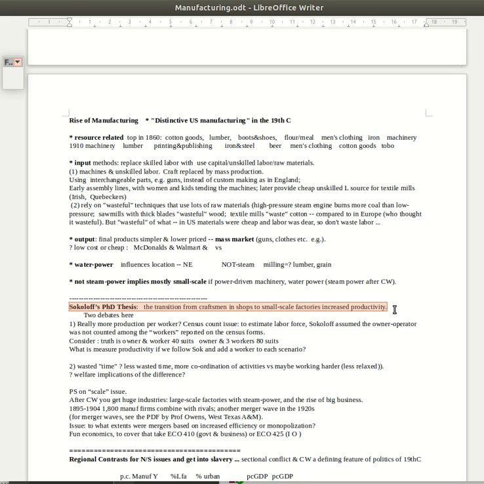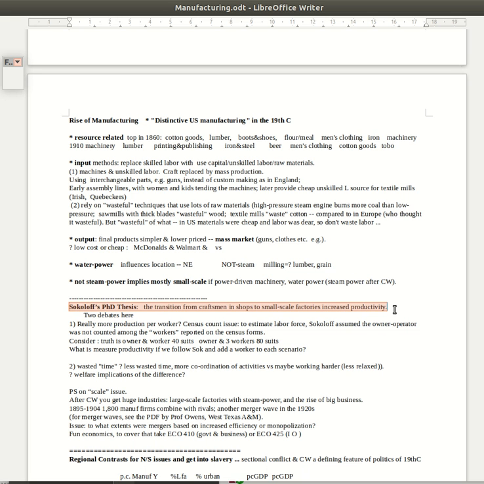Sokoloff's thesis argued that simply going from 2 or 3 people working in a shop to a factory with 5 or 7 or 8 people, with more of a division of labor and a little bit more tools, was critical to the onset of the Industrial Revolution and the beginnings of modern economic growth and productivity change in the early 19th century.